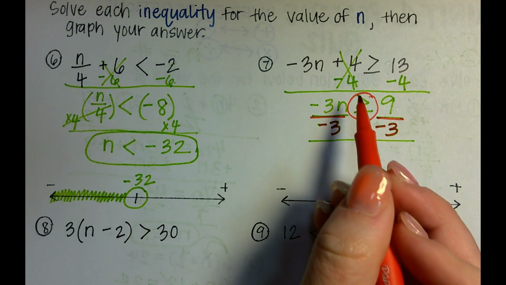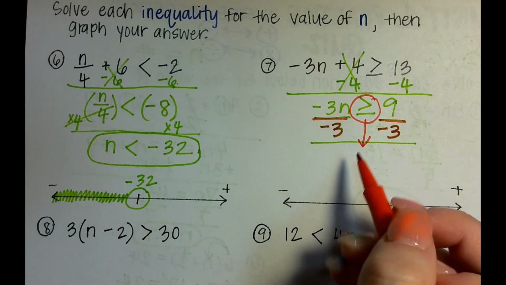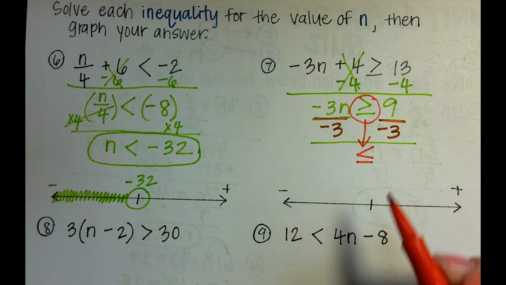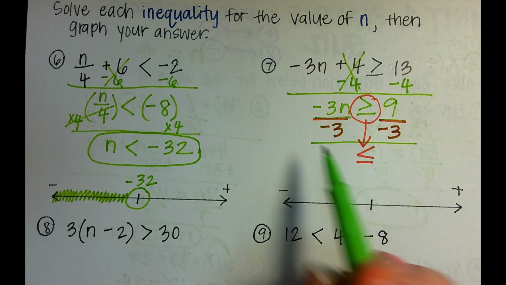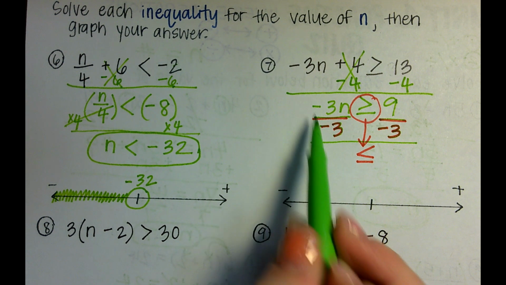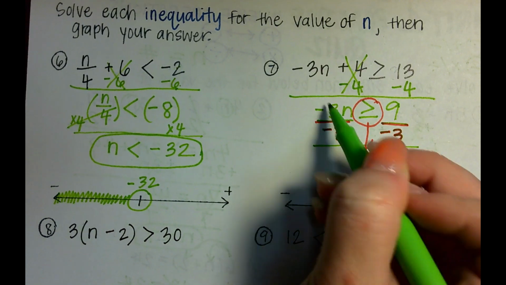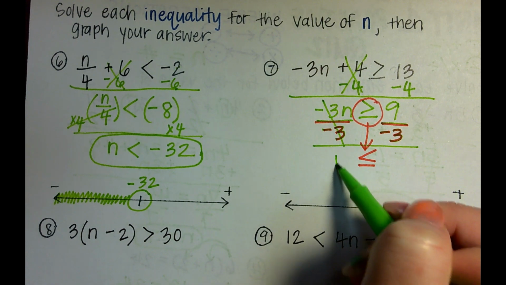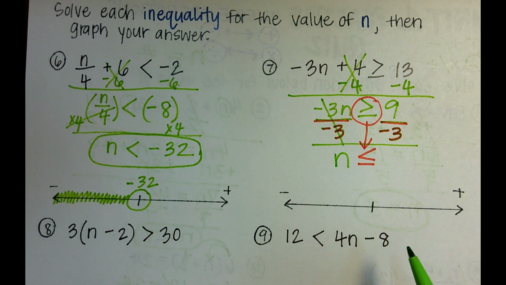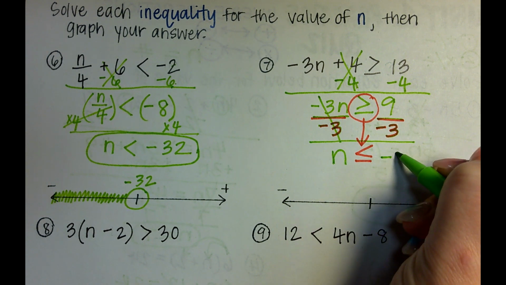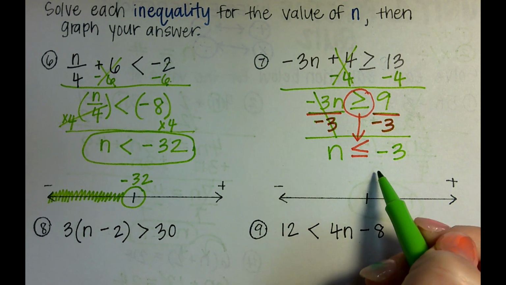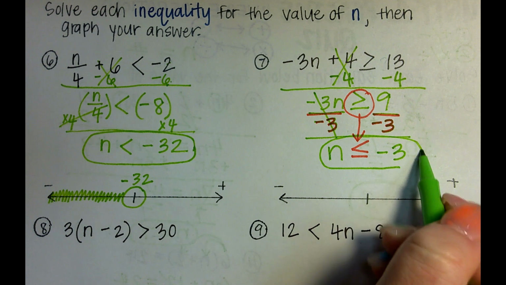We need to change it from greater than or equal to, to less than or equal to. Now, what happens to my negative 3's? They cancel, and I'm left with n is less than or equal to? Good. 9 divided by negative 3 is negative 3. That is our answer.